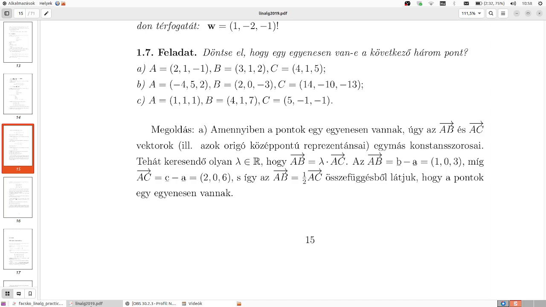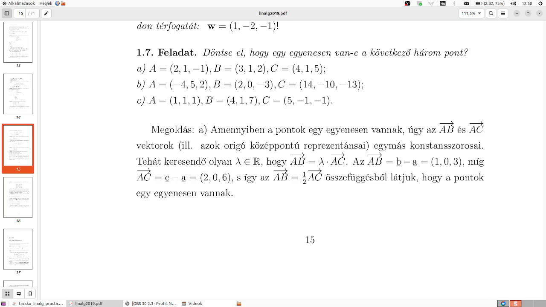Okay, we are not so lucky with this one. Well, I suggested to calculate the vectorial product of this, and if it's 0, then it's fine, and they are in the same line.